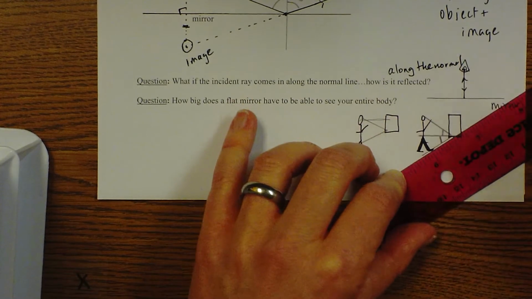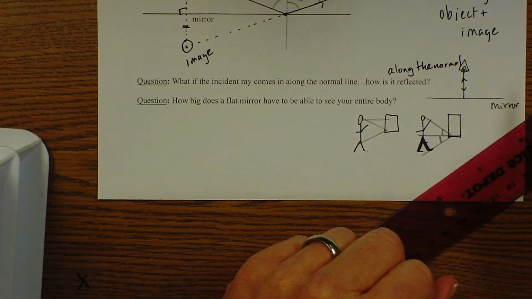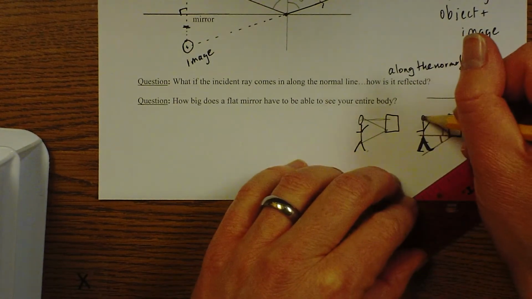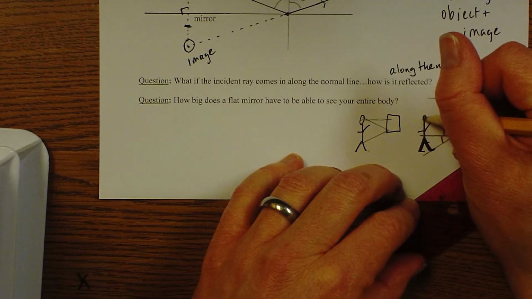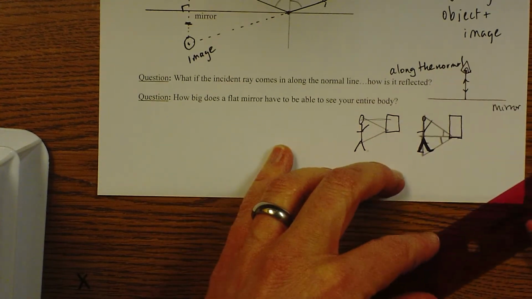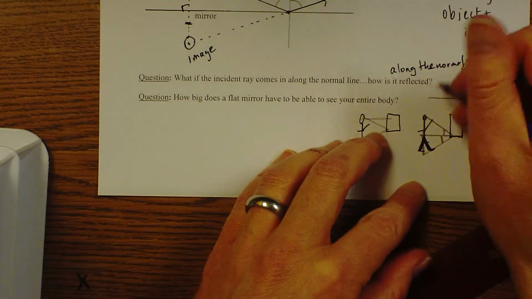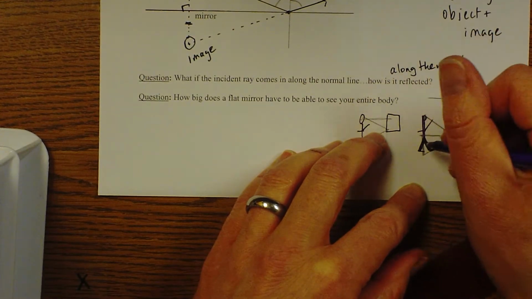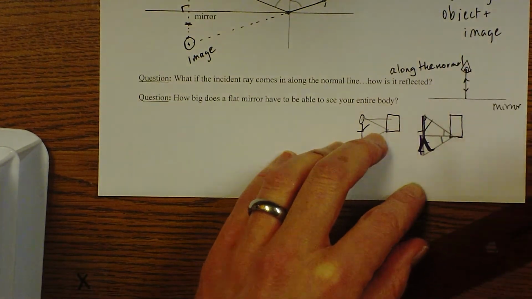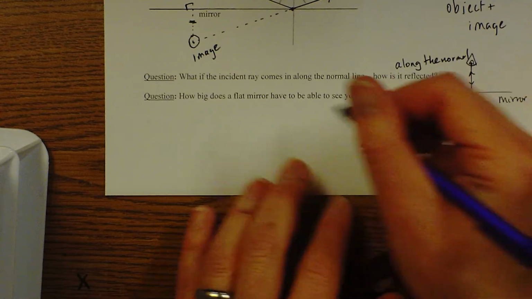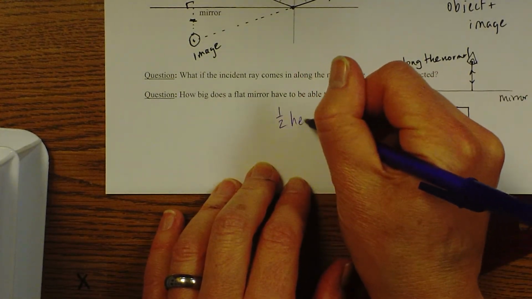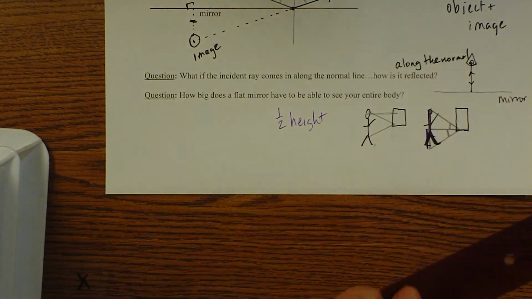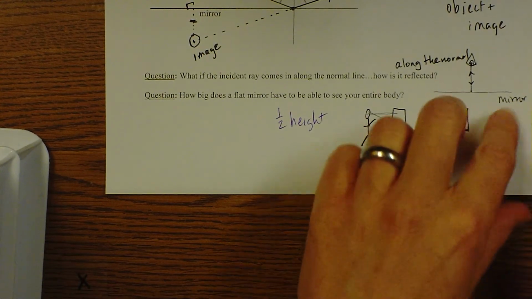So these two angles would be congruent. And what I end up with here is an isosceles triangle. Here's the top half of the person, here's the bottom half of the person. So the mirror has to be half the height of the person in order to see the entire body.